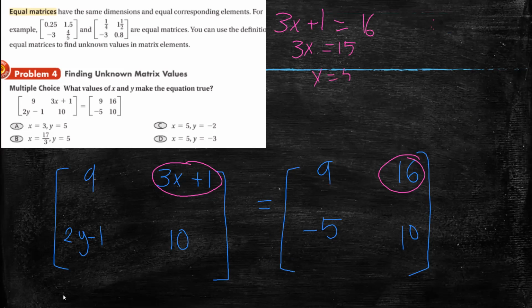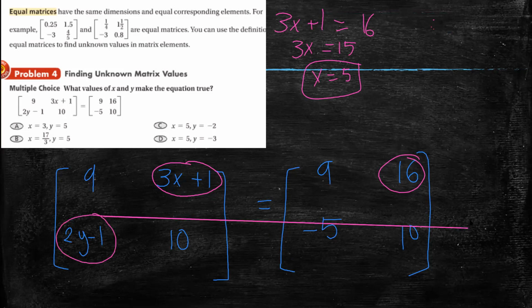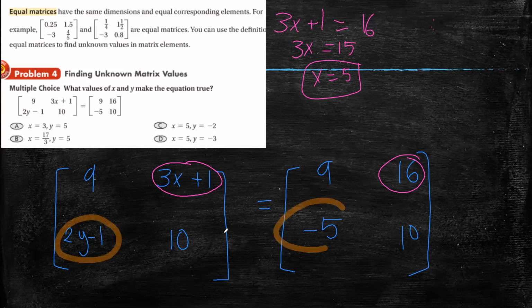So x is equal to 5. Then 2y minus 1 with -5. Let's say now 2y minus 1 is equal to -5.